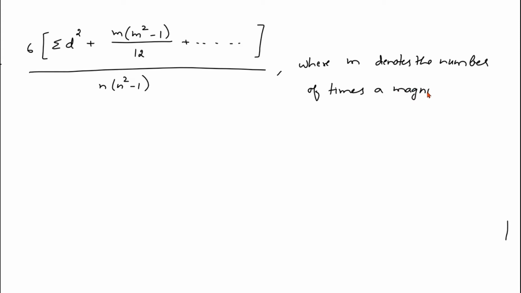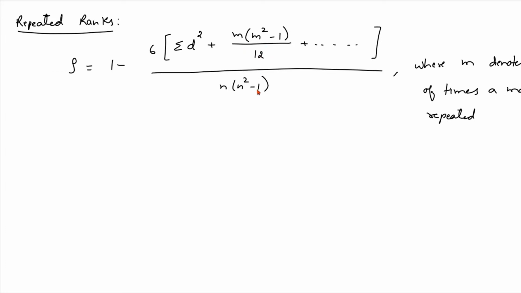Suppose the value 39 is repeated twice. Then the value of m is 2. Suppose 39 is repeated 3 times, then we take m equal to 3. So how many times a specific value is repeated gives the value of m. If you have this type of repetition in the values, we can use this formula.